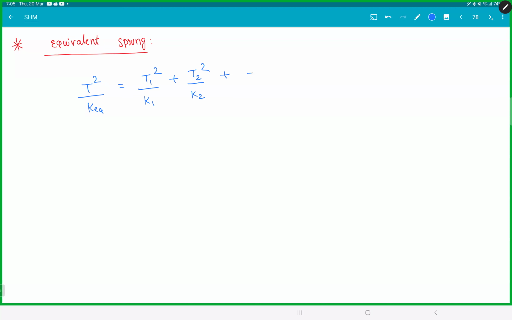If you remember in NLM, we did something like this. That was even more complex. Plus Tn squared by Kn, where Tn is the tension in the nth spring. And this T here is the total tension on the block.